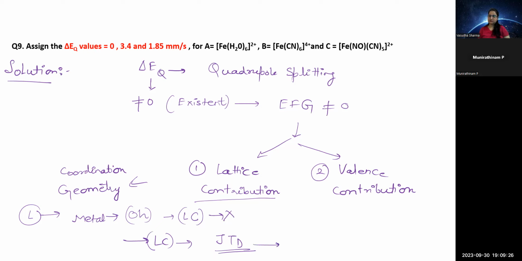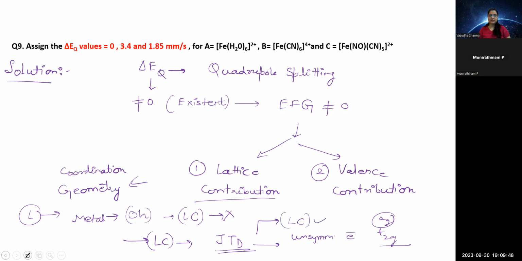For this, we need to have unsymmetrical electronic distribution in t2g, most prominently in eg, but if not, then t2g unsymmetrically filled would also give us weak Jahn-Teller distortion. Whenever there is a distortion, we are moving from symmetry to asymmetry, so that will also contribute to the lattice contribution.